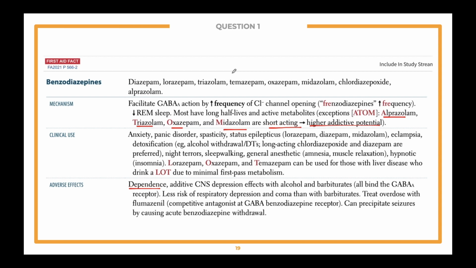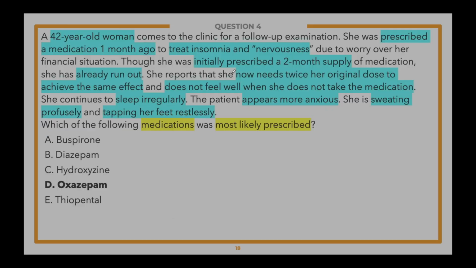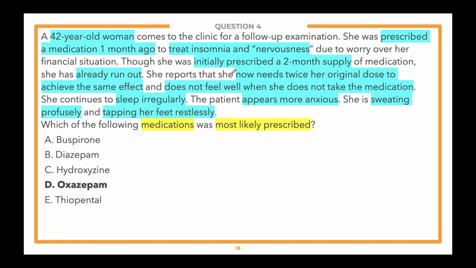So that's why when we go back to our question, we look at the answer choices, there kind of was a second step there. We needed to figure out the difference between oxazepam and diazepam and know that oxazepam is shorter acting than diazepam. So higher addictive potential, more chance for developing dependence to that medication.